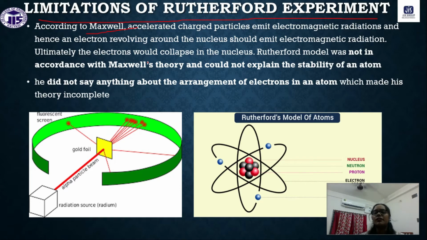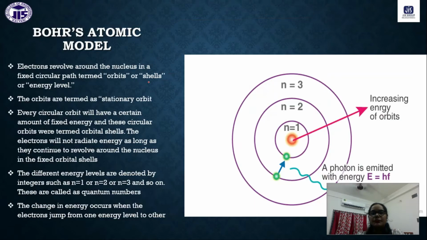But that is not the actual case. So according to the Rutherford model, we cannot explain the stability of the atom. Also, through the Rutherford model, we cannot explain the hydrogen line spectra. These are some of the limitations of the Rutherford experiment.